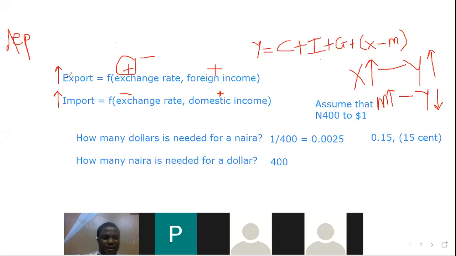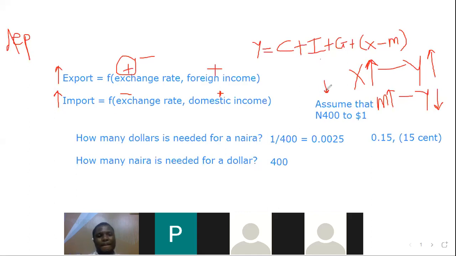Output to increase because export will increase. So devaluation will cause what? Export to what? To increase. While output will what? Increase. And so, but devaluation will cause imports to what? To decline.